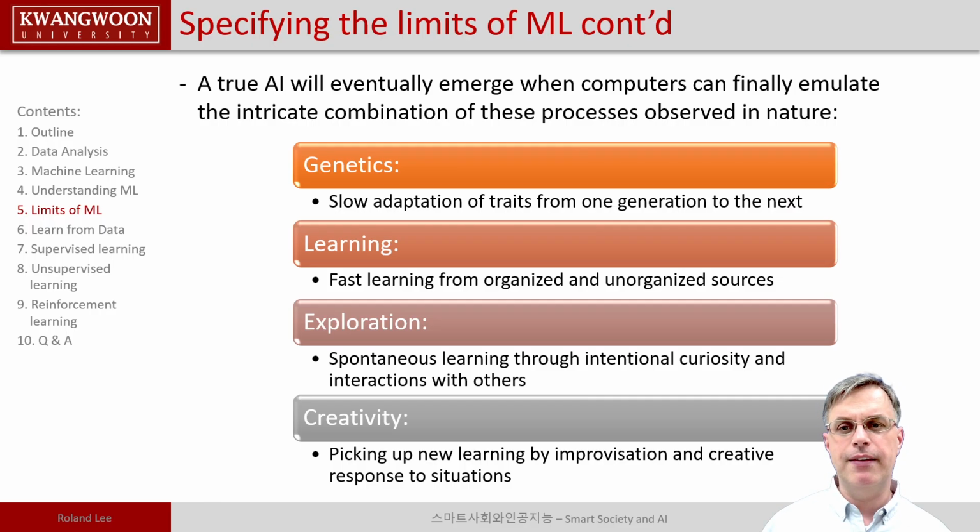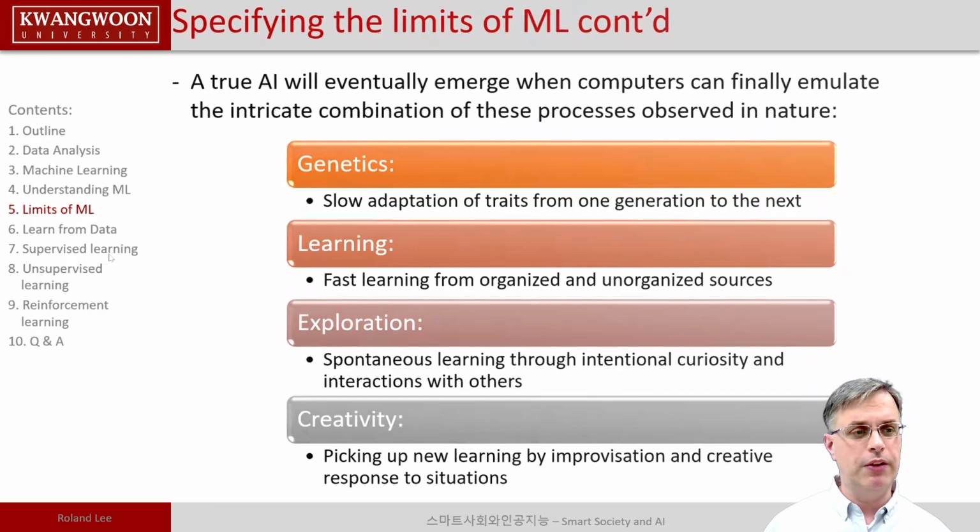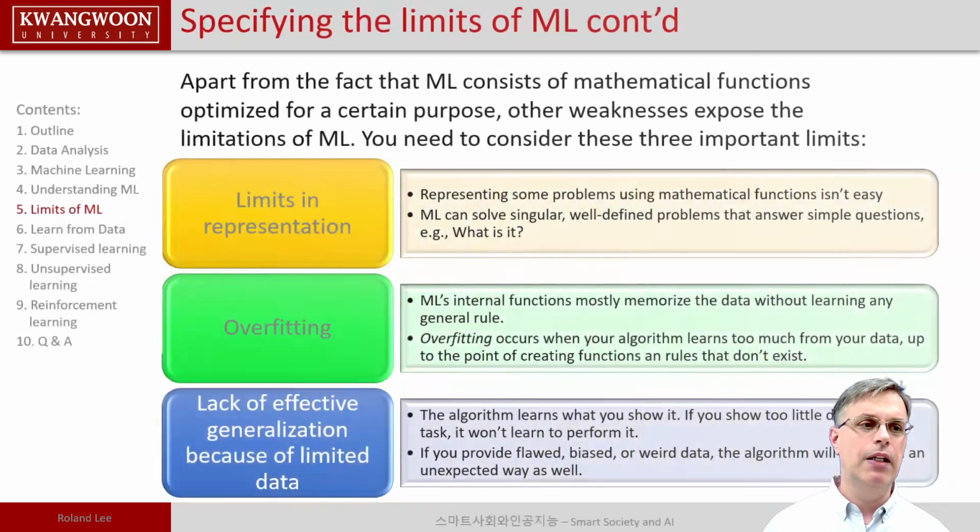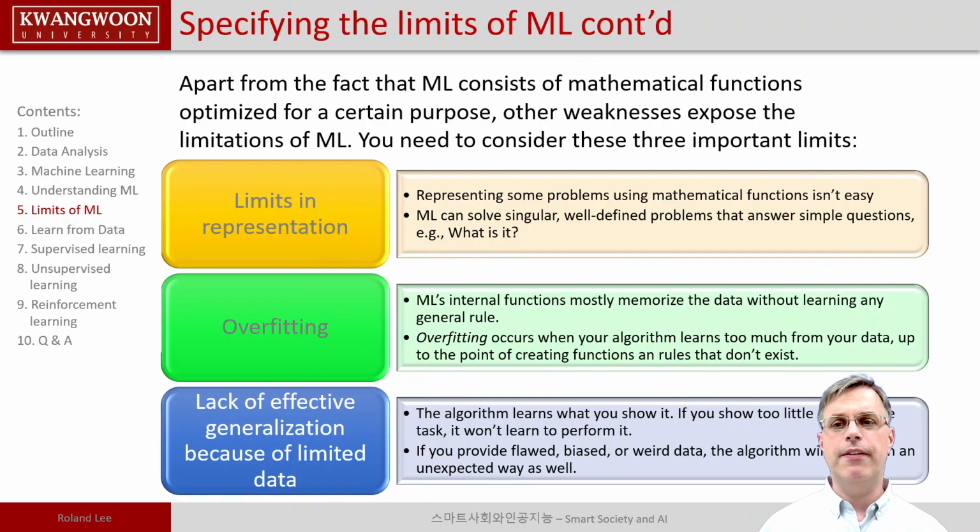Apart from the fact that machine learning consists of mathematical functions optimized for a certain purpose, other weaknesses expose the limitations of machine learning. You need to consider these three important limits as well. So, limits in representation. Representing some problems using mathematical functions isn't easy, especially with complex problems like mimicking a human brain.